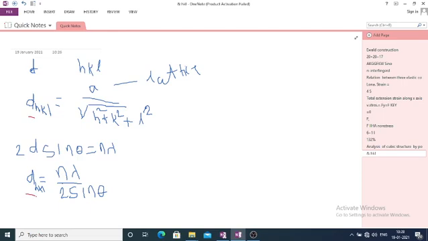So we can write n lambda divided by twice d sin theta, so sin theta is equal to a divided by h square plus k square plus l square.